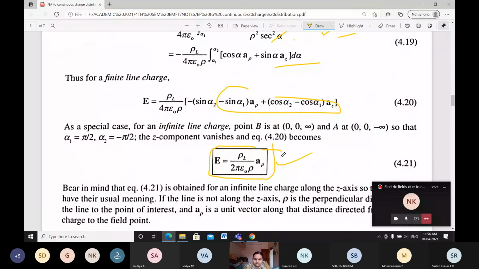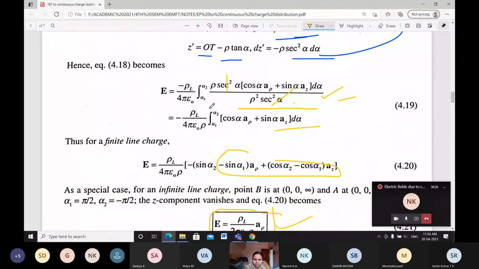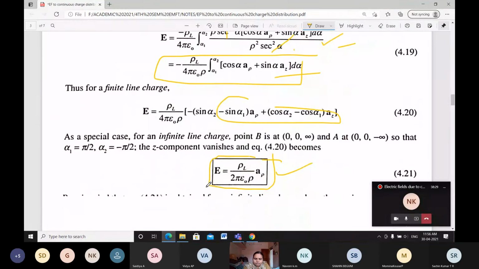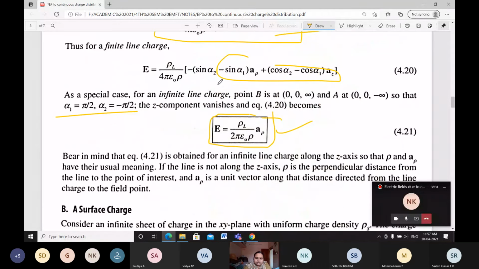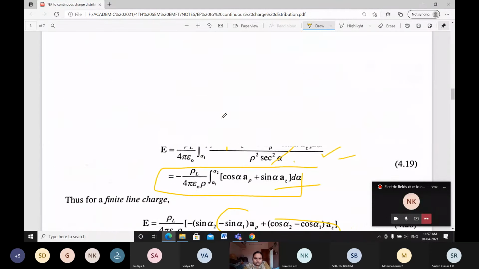At least if you are able to write this equation, that will be enough. Further it will be easy for you. And remember the special case: substitute the values for alpha 1 and alpha 2, and you will be getting the electric field intensity for an infinite line charge as rho L divided by 2 pi epsilon naught rho into a rho. This is about our line charge distribution.